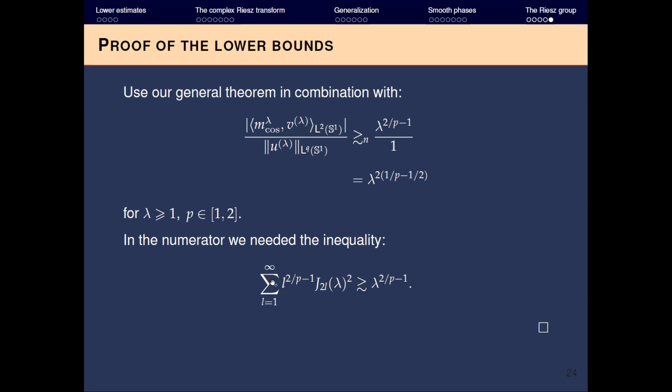And for the numerator, now you need to play a little bit with Bessel functions, just because this orthogonal sum leads you to some inner product, and this inner product turns out to be actually this weighted sum of Bessel functions of higher order. So you actually have to work a little bit, but not too much, on estimating this from below. While estimating the denominator from above is trivial, because this is clearly a bounded function.